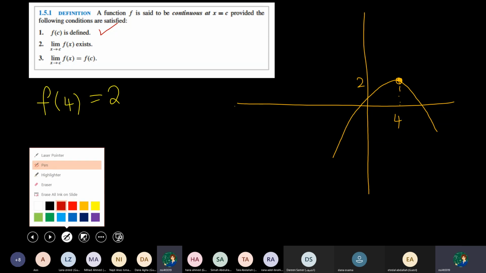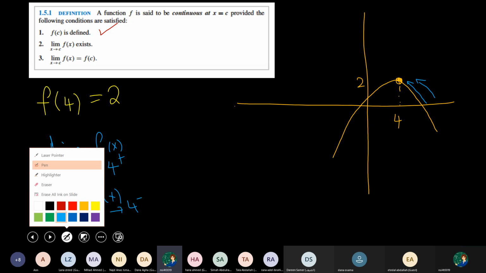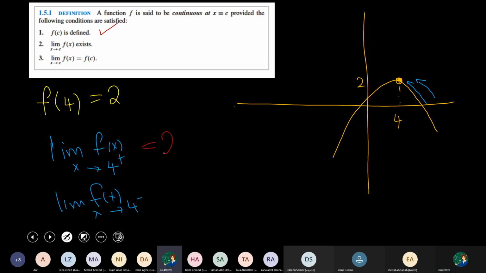Let's go now to the second one. Let's find the limit of f of x when x approaches 4 from the right, and when x approaches 4 from the left. Look at 4 from the right. The function is going to be close to what? 2. Thank you. And 4 from the left, also 2.